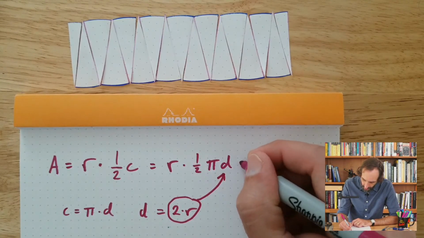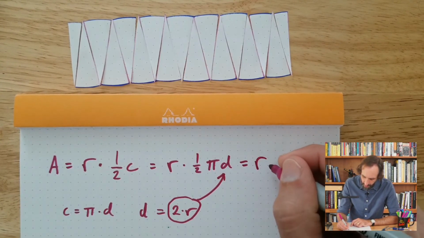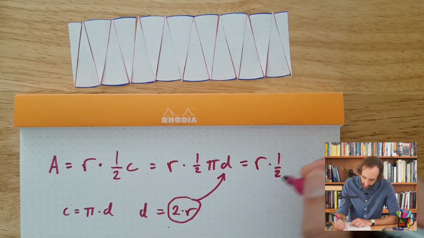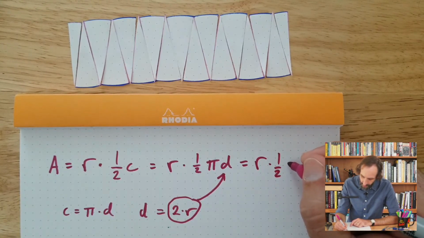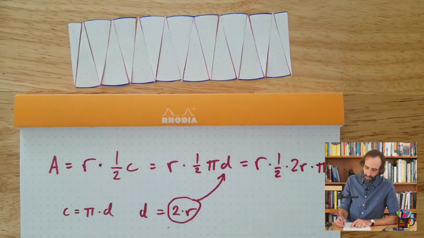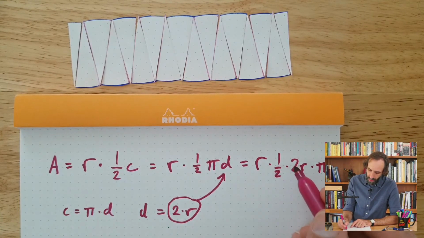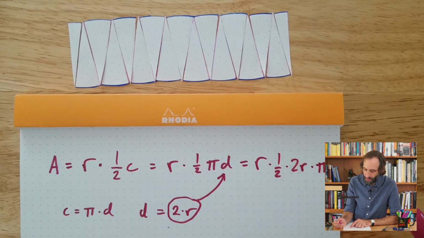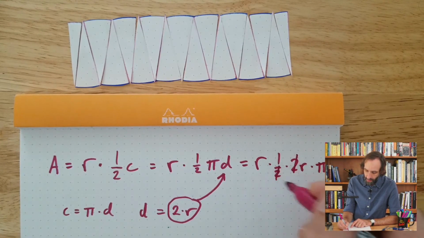And so we see, okay, now we have r times 1/2, and I'll put the 2r first. So let's see, times 2r times pi. Well, 1/2 of 2 is going to be, 2 divided by 2, which is 1. So these go away. And so we have r times r.